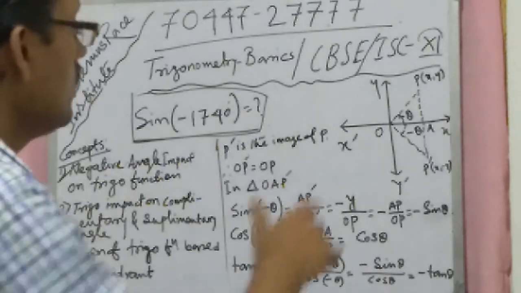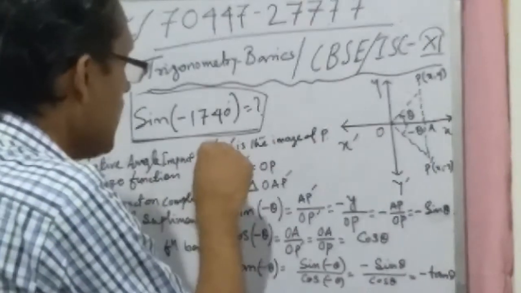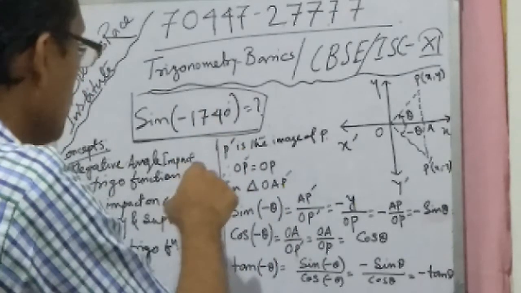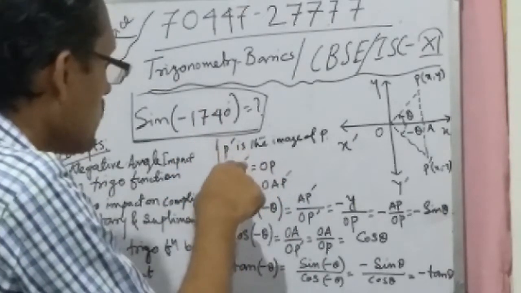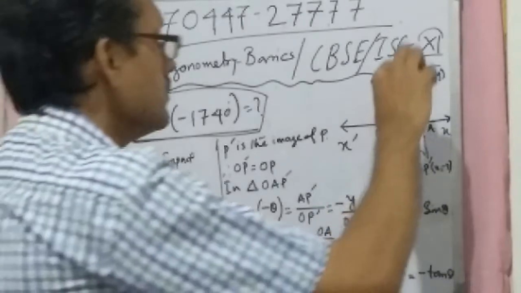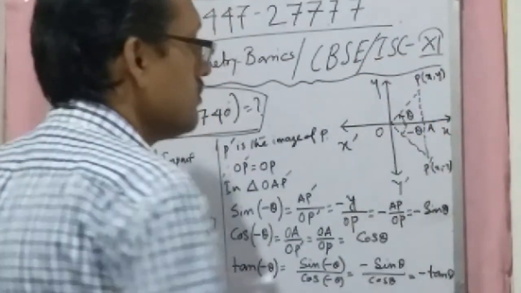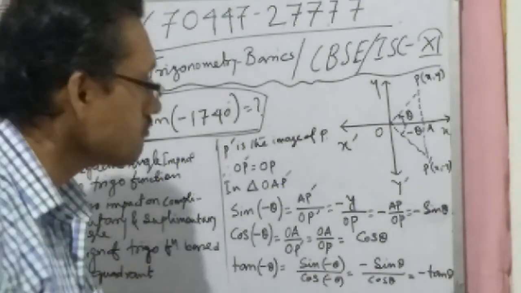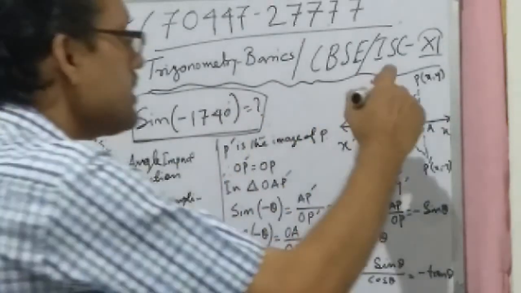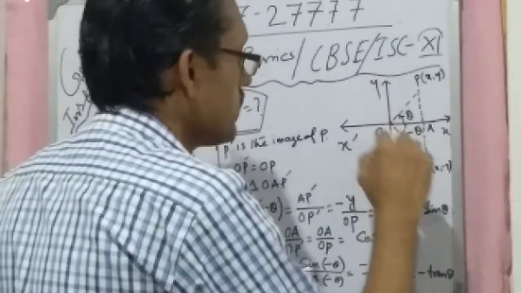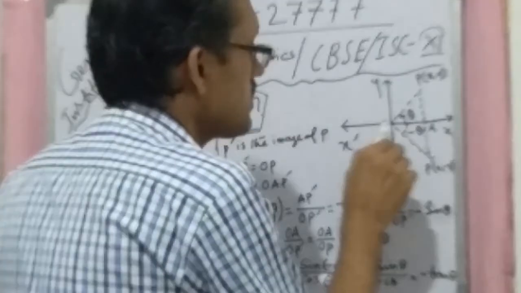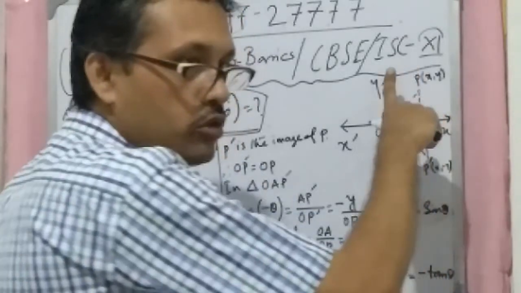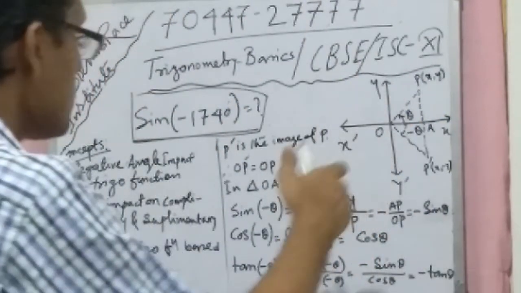Clearly P dash is the image of P, therefore OP dash equals OP, because it's a distance from origin, and this distance is constant. This is positive and this is negative, so both of the distances will be equal but opposite in sign.